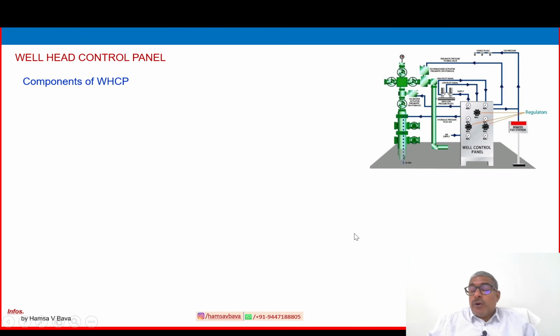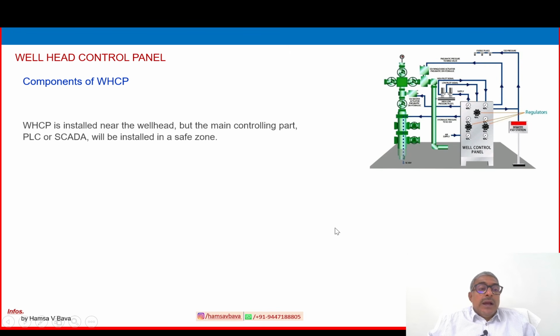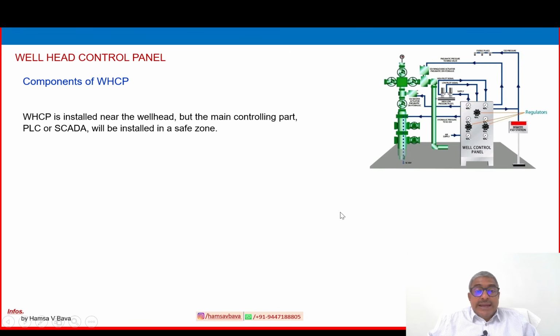Components of the wellhead control panel. So we can discuss that as well. The wellhead control panel is installed near the wellhead, but the main controlling part, PLC or SCADA, will be installed in a safe zone, maybe in the central control room or a local equipment room, slightly away from the wellhead control panel.